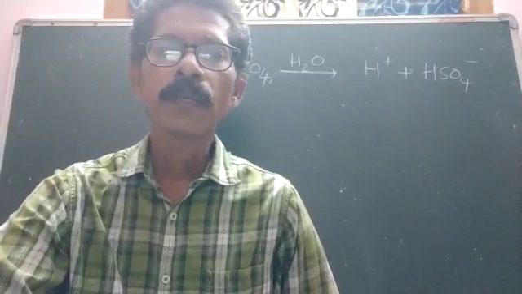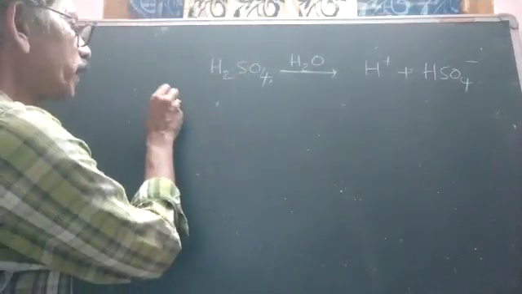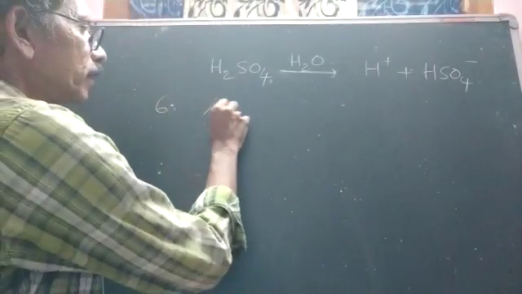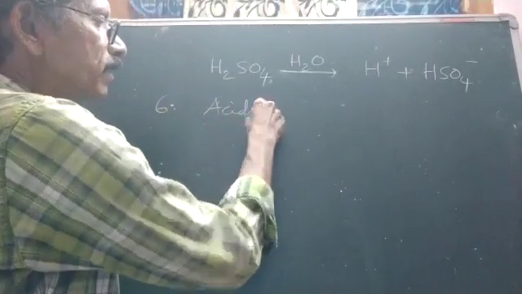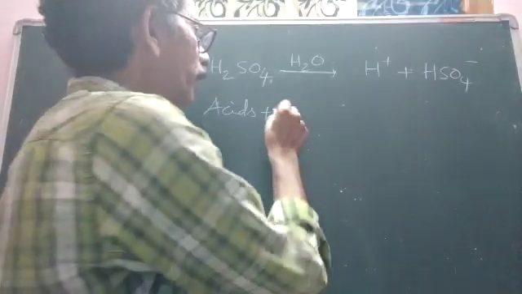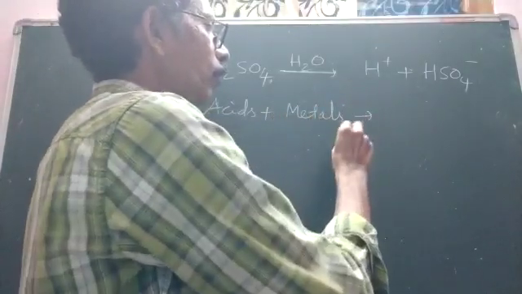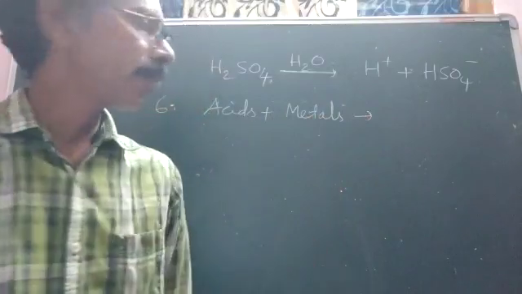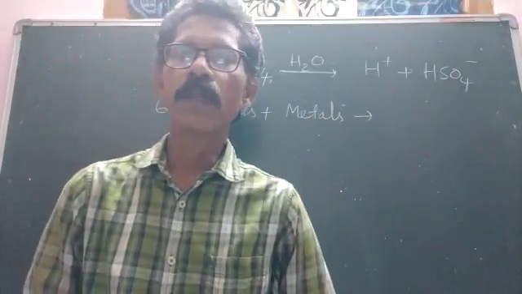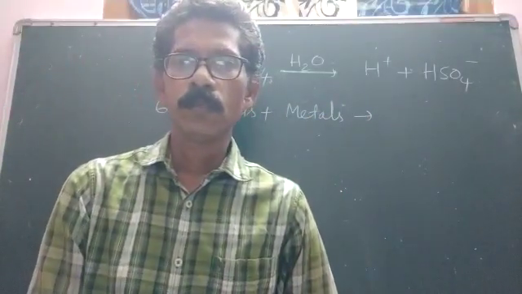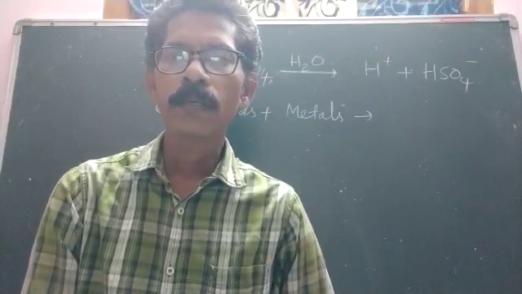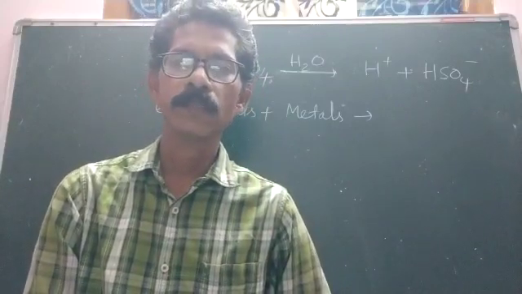So another property is the sixth property. Acids react with metals. When an acid reacts with metals, it forms salt and liberates hydrogen gas.